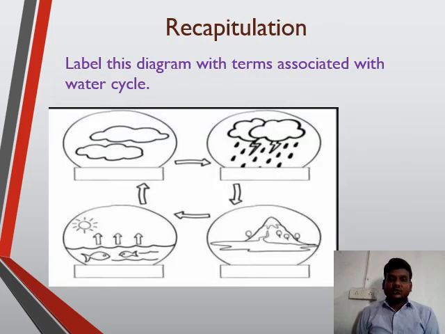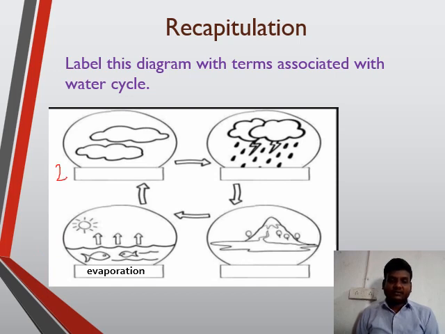Okay, student. Today we studied water distribution, the water cycle, and the need to conserve water. Okay. Label the diagram with the terms associated with the water cycle. First one, this one. What do we call it? We call it evaporation.